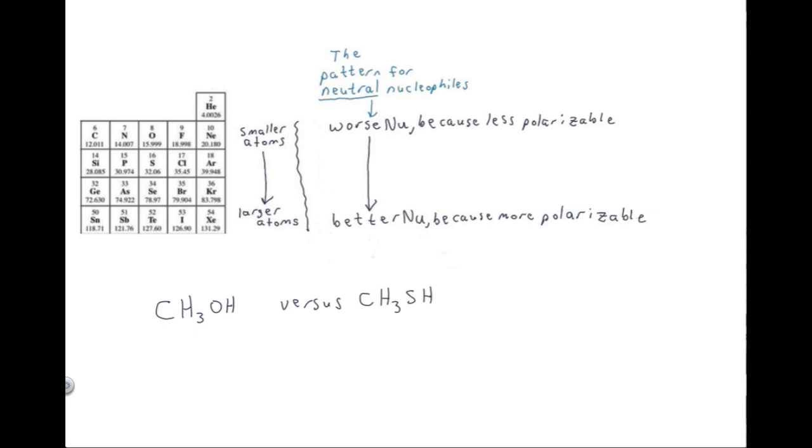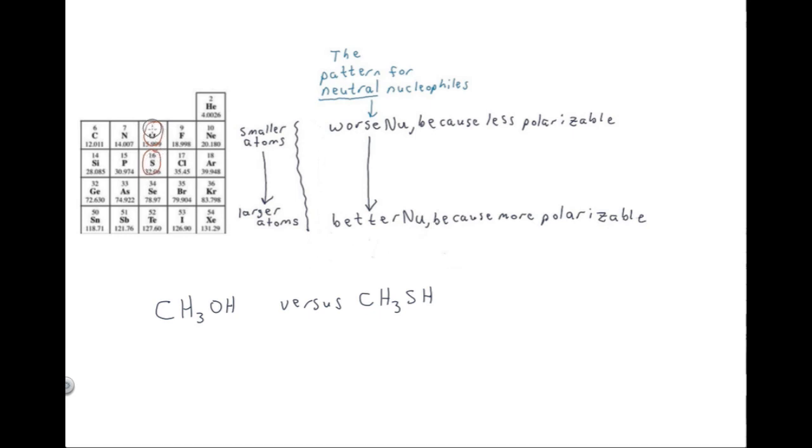So let's find oxygen and sulfur in our periodic table. Here are oxygen and sulfur in our periodic table, and we can see that they are both in the same column of the periodic table. So for nucleophilicity, what matters when you're comparing elements in the same column is that elements further down in a particular column are larger atoms.